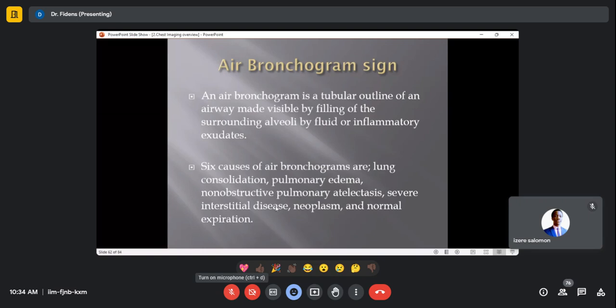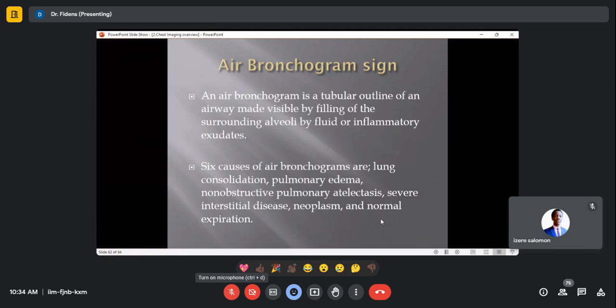Severe interstitial disease. They add severe because interstitial lung disease can look like alveolar opacity, like a collection of fluid. Neoplasm. The only neoplasm I know here is bronchoalveolar carcinoma. It's the one that looks like a collection of fluid in the lung. It's like pneumonia or consolidation.